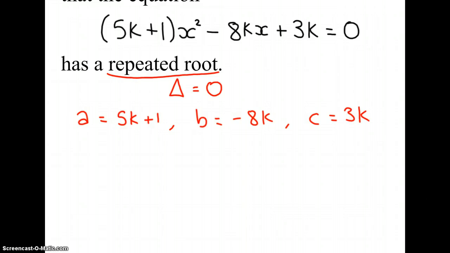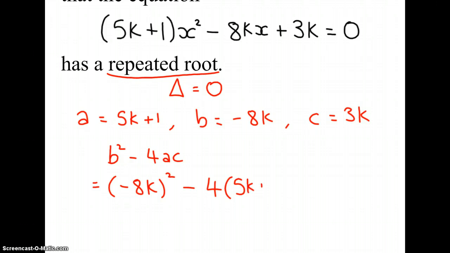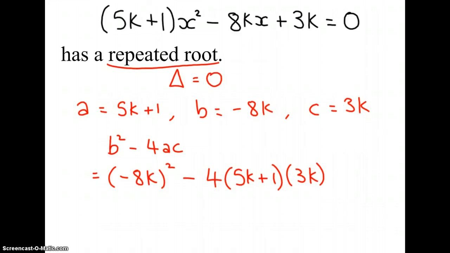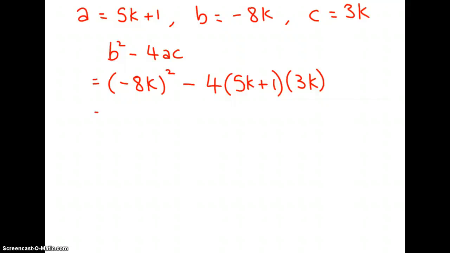So my discriminant, which is b squared minus 4ac, is going to have to be minus 8k squared, take away 4 times a, which is 5k plus 1, times c, which is 3k. And I know that that is going to multiply out to give me minus 8k squared will be 64k squared.